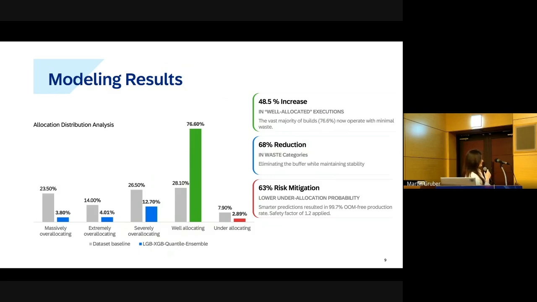And for the next slide, you can see how this number translates in our monthly results. But first, the risk mitigation. We were talking about out-of-memory events. If a build goes into under allocation, it means that we're getting out-of-memory events, and now we get a smarter prediction that results in 99.7% out-of-memory-free prediction.